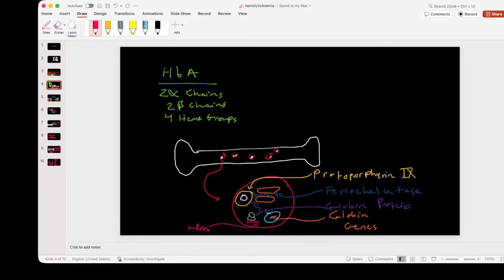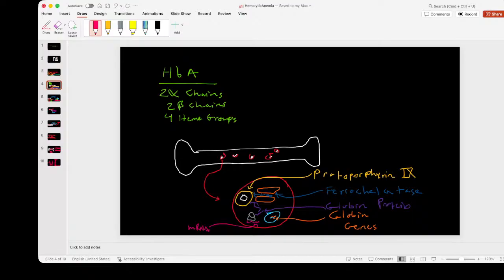Then you have the globin genes that encode for the globin protein, which binds in that structure as well. Ferrochelatase is another part which helps with the iron binding capacity to the protoporphyrin ring. So it helps with the binding here.